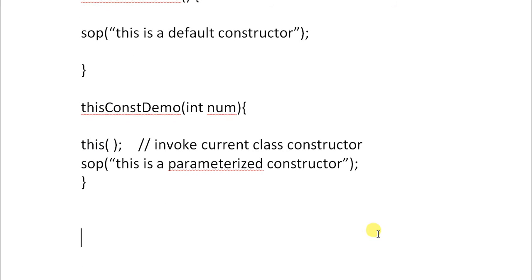Now what we need to do is close the class. It is an independent class. Let's create another class, and let's say it is the main class.